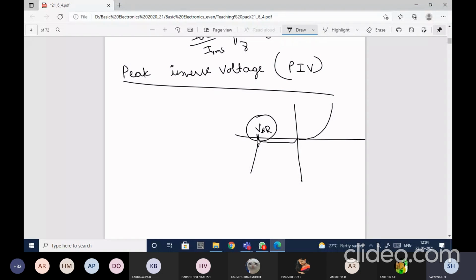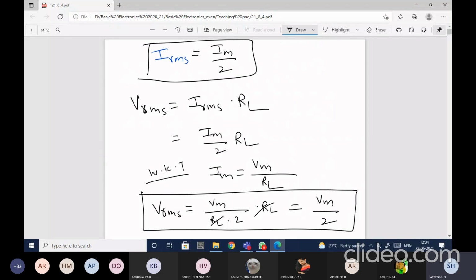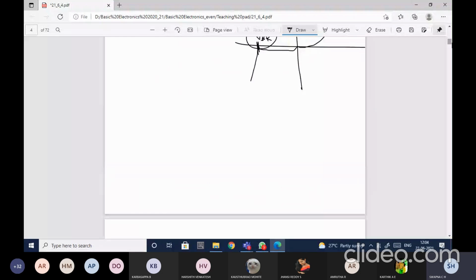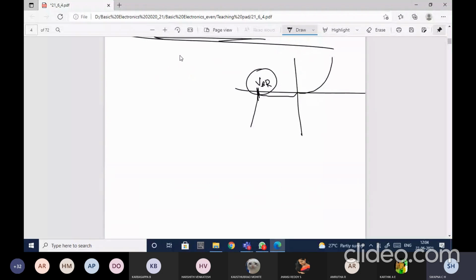As I was mentioning when I was deriving, maybe it is not in this PDF. Fine. So what we were doing: when the diode is reverse biased, take the half wave rectifier. When it was reverse biased, here it was negative and here it was positive, and this was open, and this load is RL.